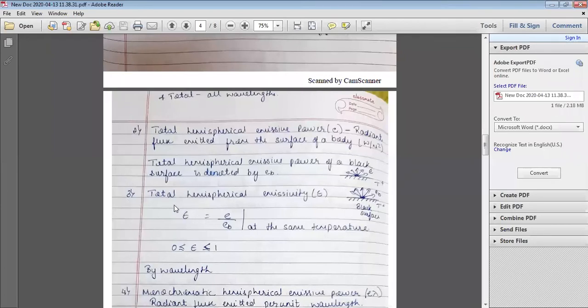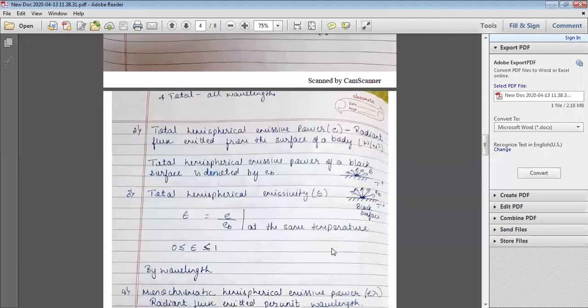Then the third concept is total hemispherical emissivity. It is the ratio of the total hemispherical emissive power of a surface to the total hemispherical emissive power of a black surface, that is E by EB, at the same temperature.